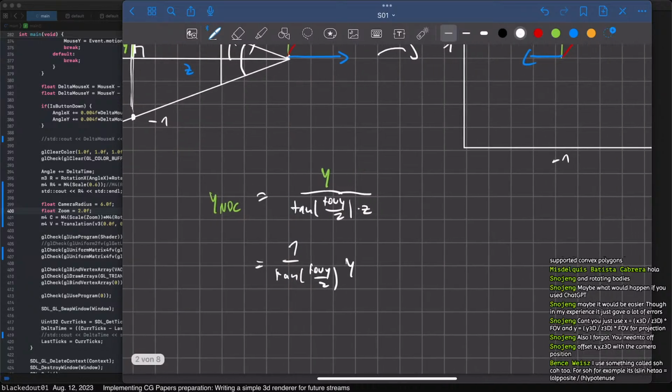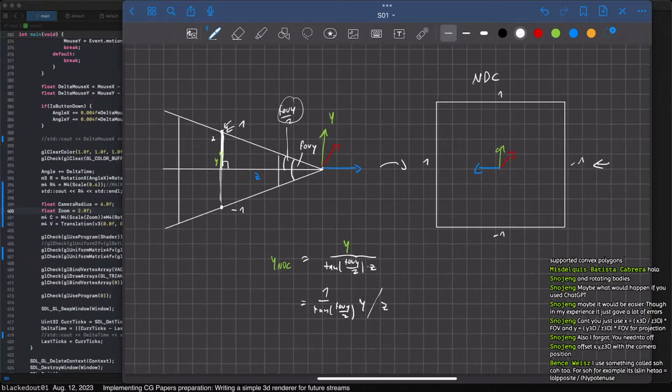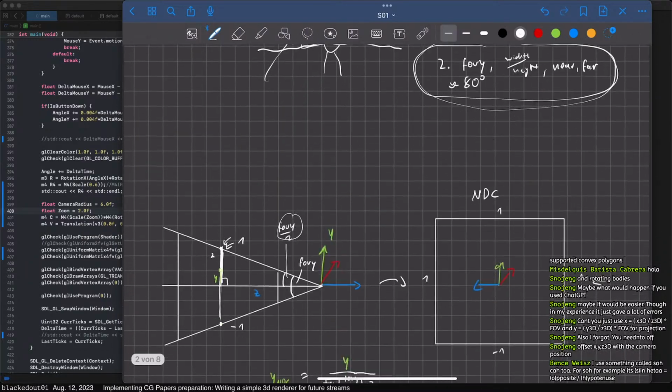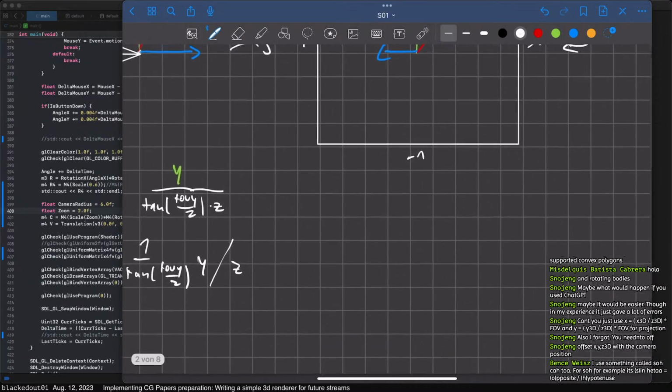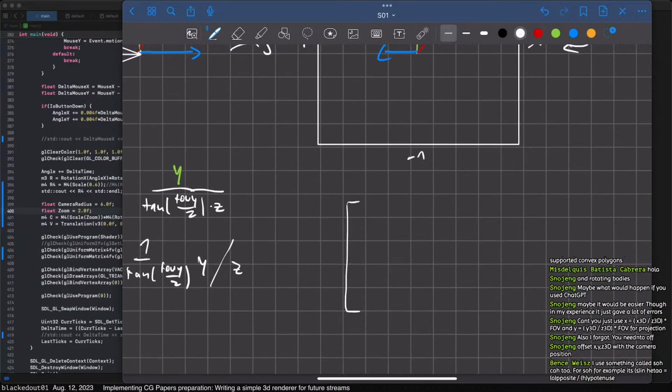But the problem is we have to divide this by z. And if you know matrix multiplication, which is a linear operation, this is not possible, because our projection matrix will look like this. So it's normally not possible. Of course, somehow we are going to do this.